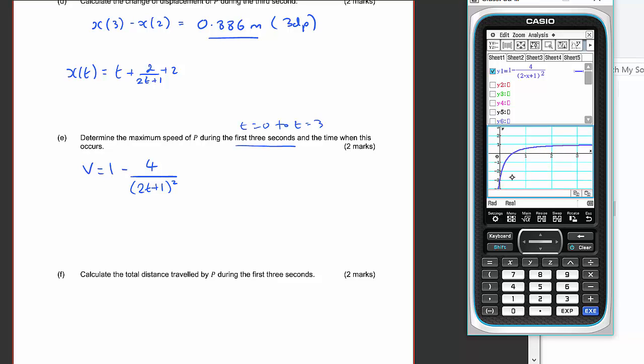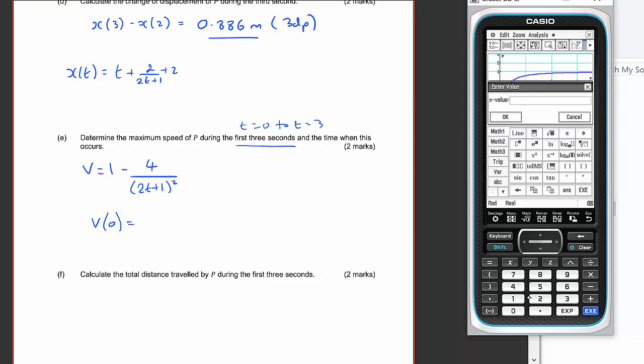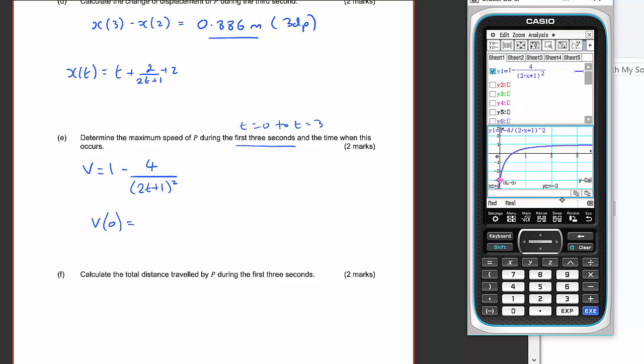So we're going to be interested in v of 0. You could easily substitute into the formula, but let's just carry on. Let's do y-cal when x is 0. That gives us negative 3.